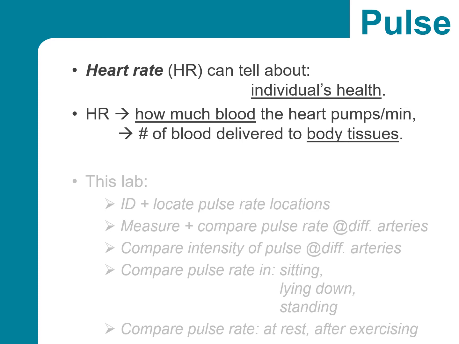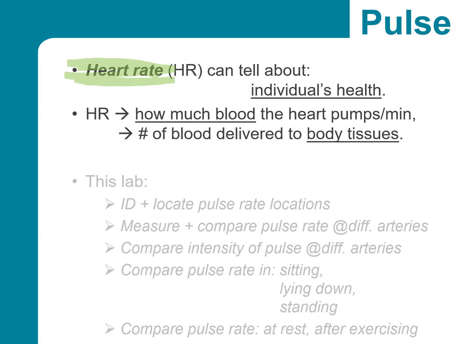Okay, before we get started, I wanted to revise a few important concepts so that we are good to go. The reason why heart rate is so useful for us is that by determining one's heart rate, we can actually evaluate one's individual health.